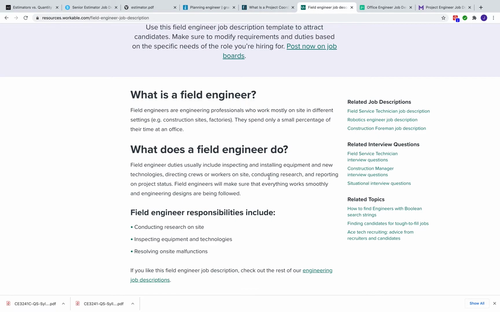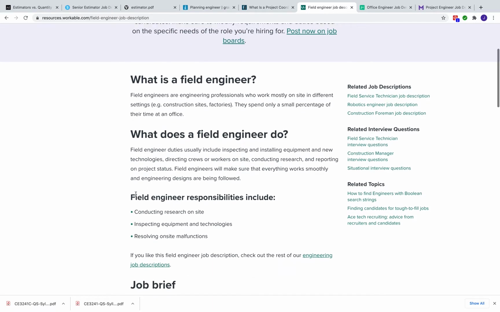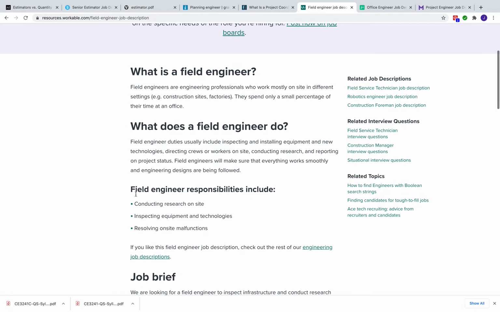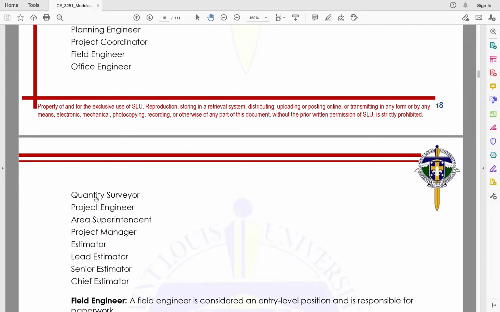So field engineers also do that. Okay? So, yeah, pero most often than not inspection, no? So inspection sa mga trabaho ng workers. So mini-make sure na nagagawa ng tama yung workers yung kanilang trabaho.